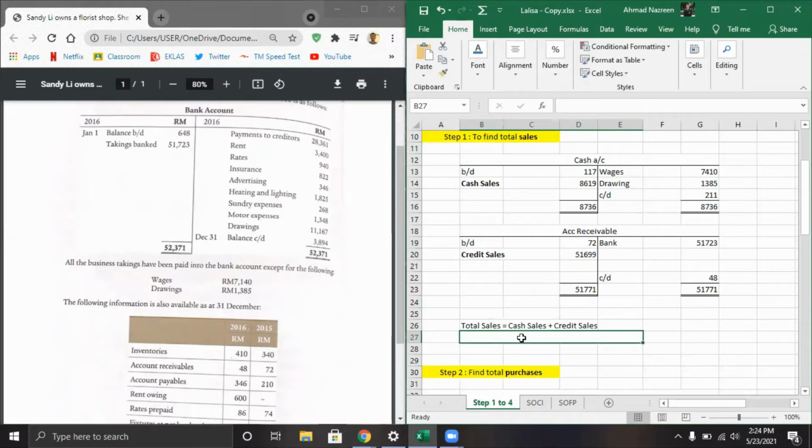The total is 60318. So the total sales is done.